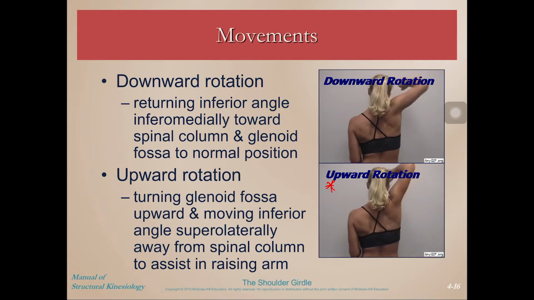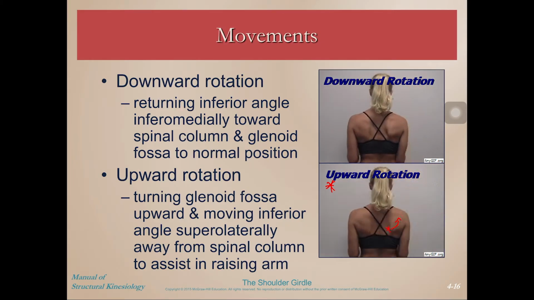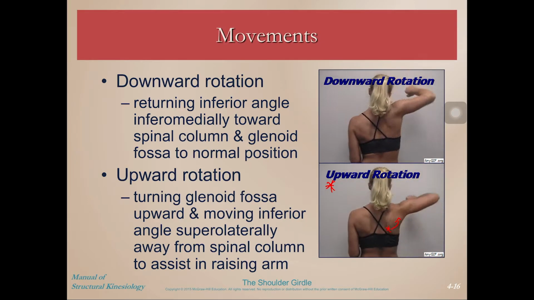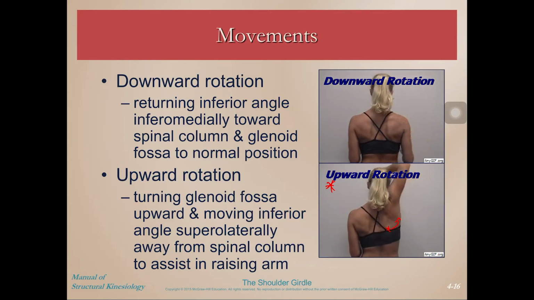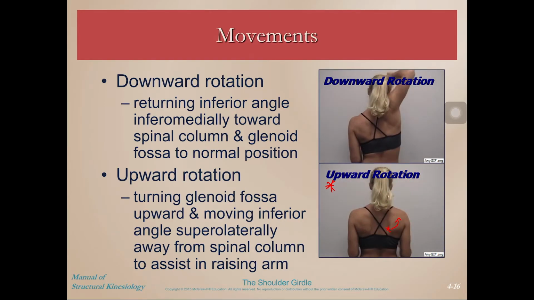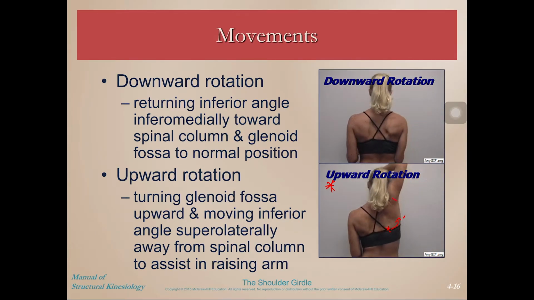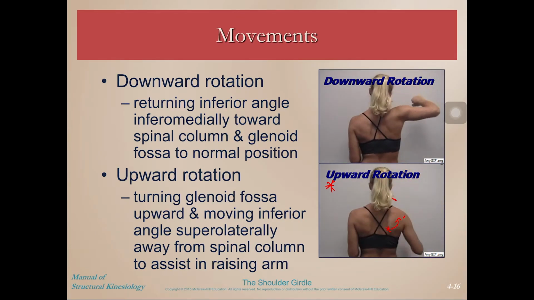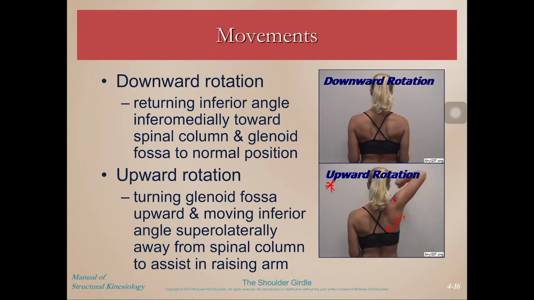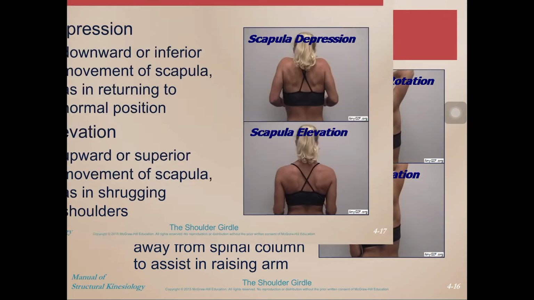You can even notice on this individual, you can see where her scapular spine and the inferior angle of her scapula start out, and then it moves upwards. It curves upwards like that. And that's repositioning her glenoid fossa from where it starts, which is about there, and then when it ends, it's about here. So that's upward and downward rotation.